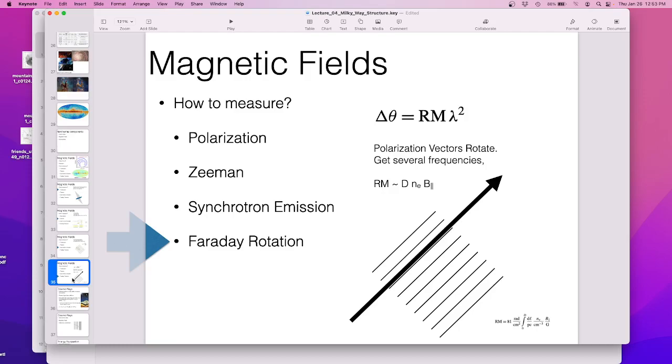So it's equal to the parallel magnetic field times the average electrons times the length of the cloud. So I get this line, and I measure the slope of the line to get the magnetic field. This is called Faraday rotation. And now I'm over time, so now I'm going to stop talking. But those are the ways that I know of to measure magnetic fields in the galaxy.